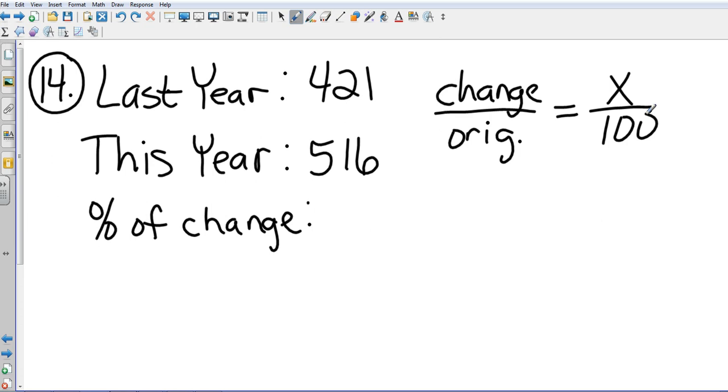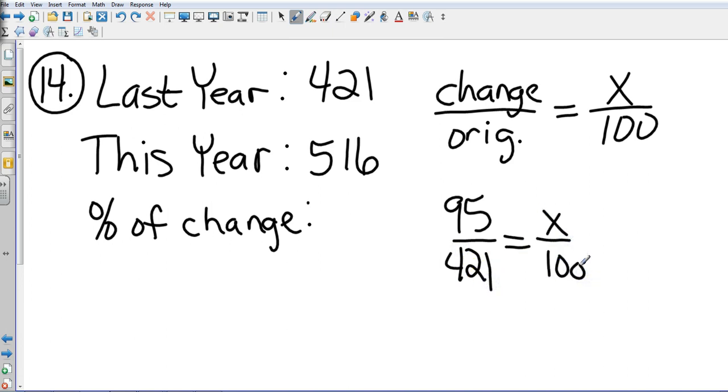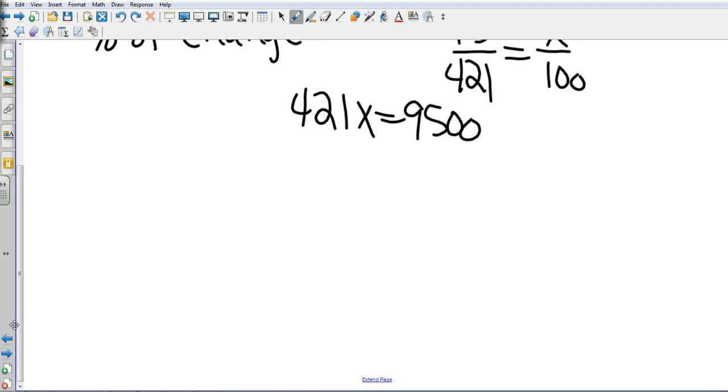Okay, so what's the change? 95. What's the original? 421. So that's going to be 421x equals 9,500. And calculators unite. Oh, pardon me. What do we got? Go ahead and give me to a couple decimals. 22.56.